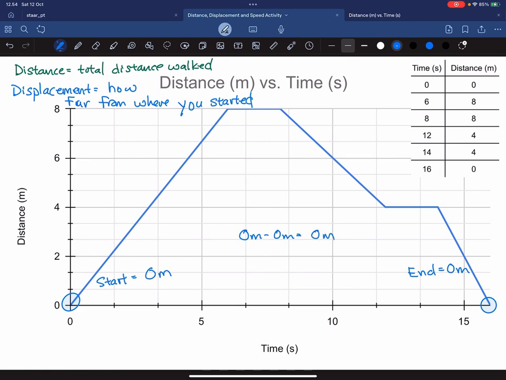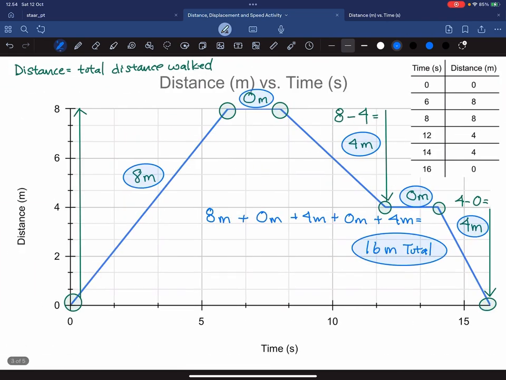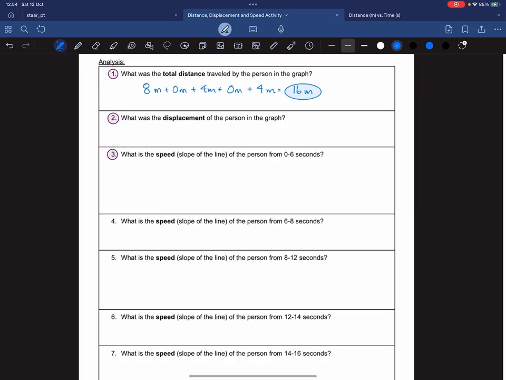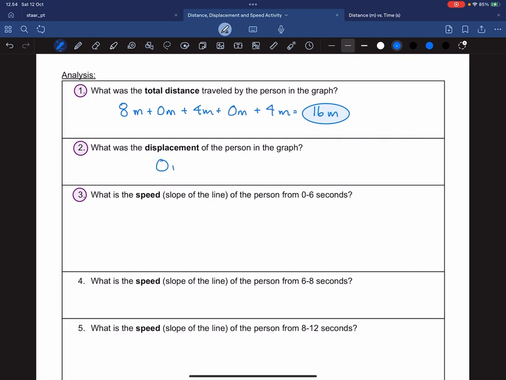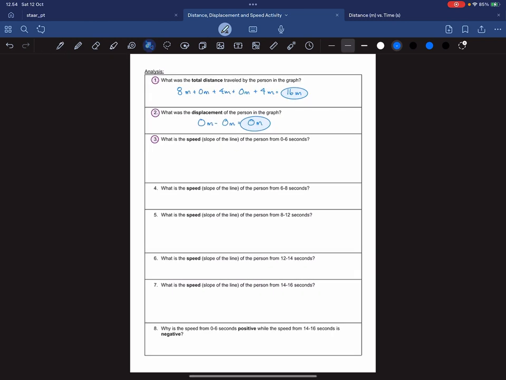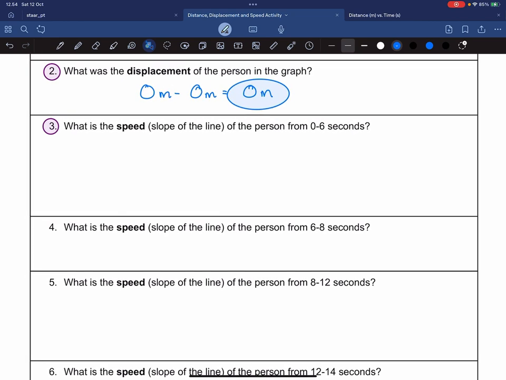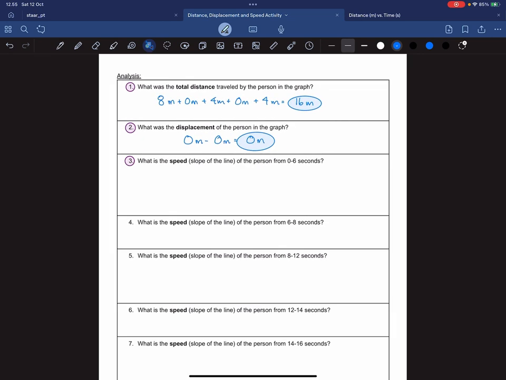All right, so there was no displacement at all. You're right back where you started. So, zero displacement. Now, the speed when you're dealing with graphs is basically just a slope, okay?